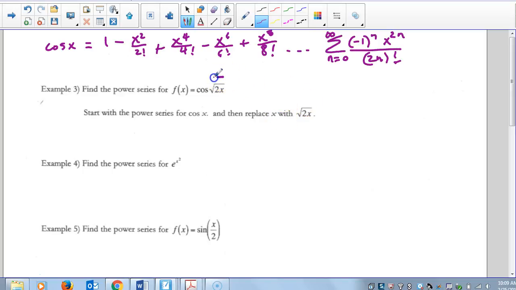So here we've got square root of 2x, so all I do is substitute that in.